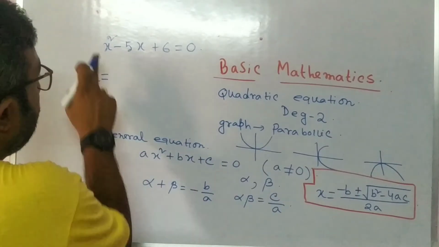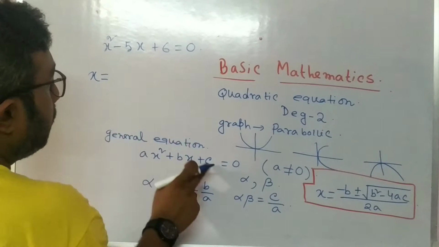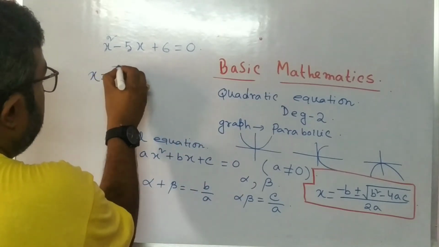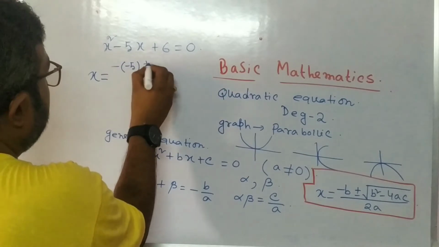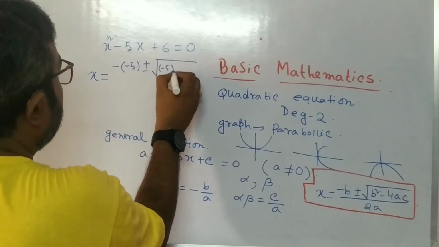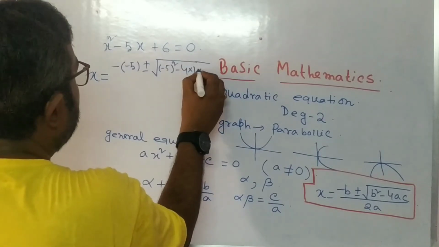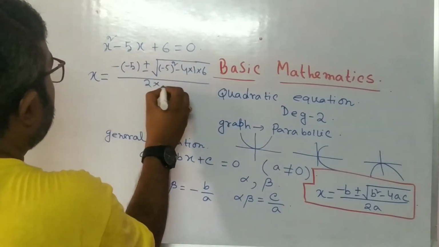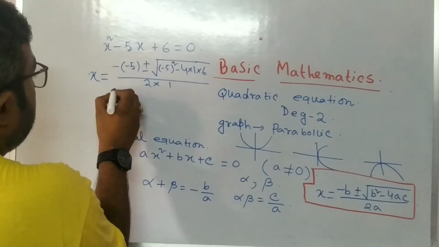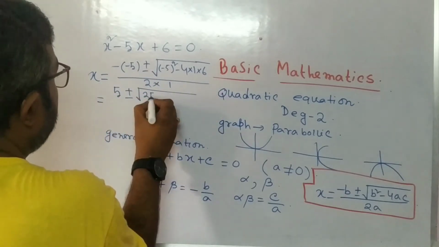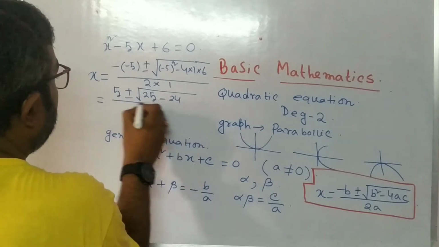Here a equal to 1, b equal to minus 5 and c equal to plus 6. Okay. So minus b plus minus root over b square minus 4ac by 2 into 1. Okay. So minus minus plus, plus minus root over 25 minus 24 by 2.